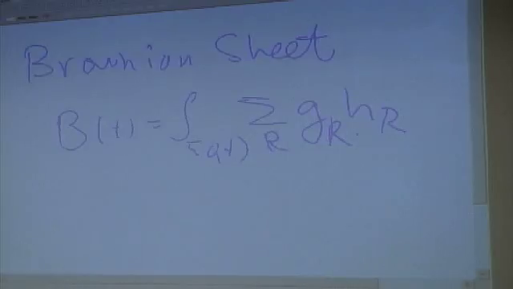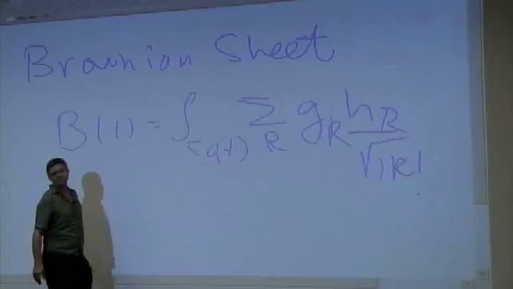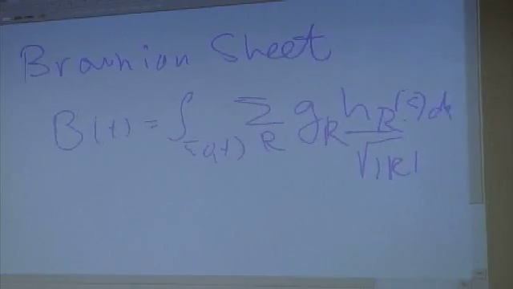But now I have to take into account that the Haar functions are L infinity normalized, and so I should normalize by the square root of |R|. So the mixed derivative of the Brownian sheet is a white noise. The integration goes over a function of s and ds.